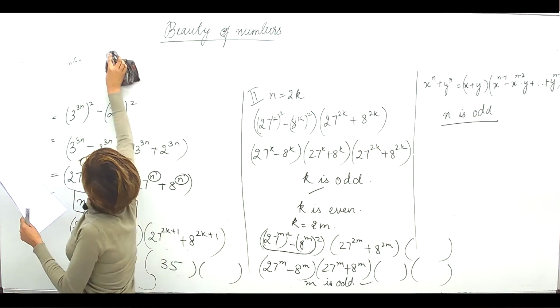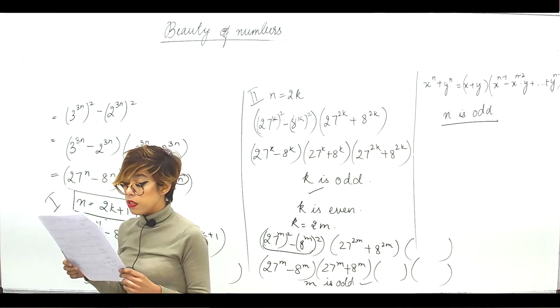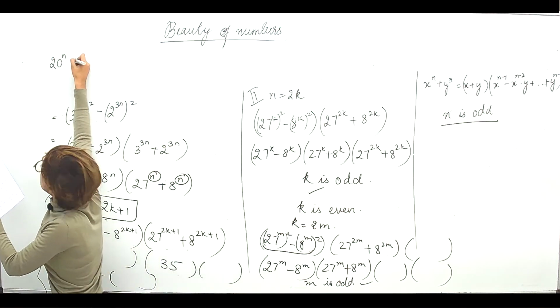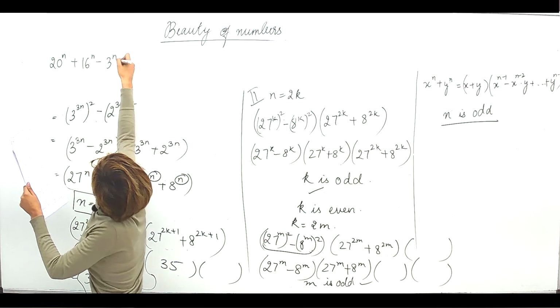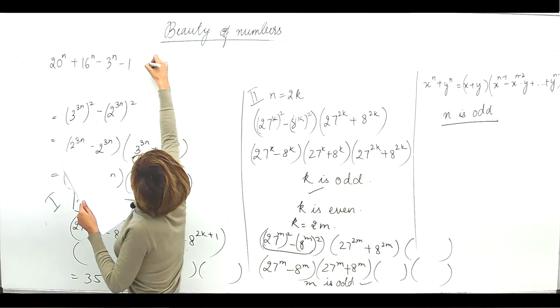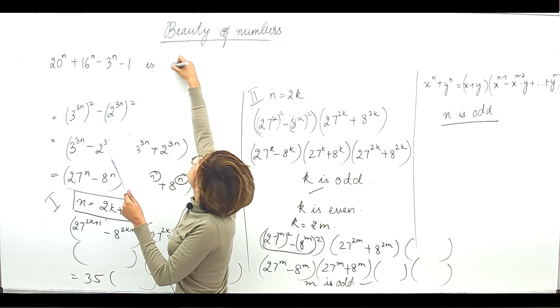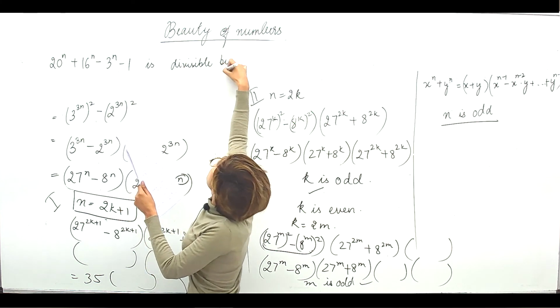Write all positive integers n such that 20 raised power n plus 16 raised power n minus 3 raised power n minus 1 is divisible by 323.